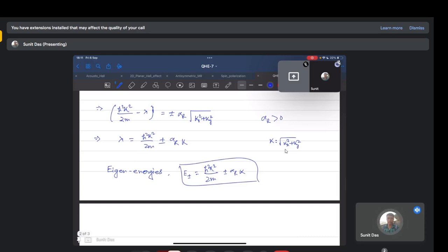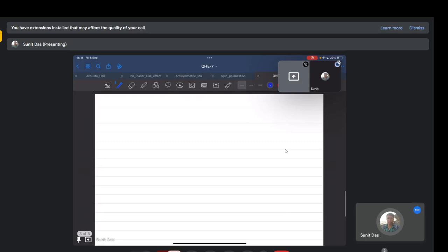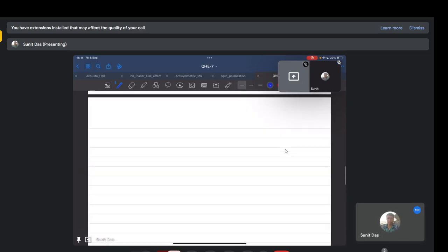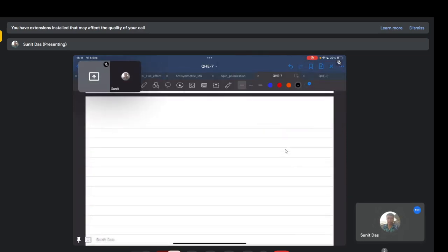And if you draw this, initially we had the parabolic term. This was, let's say, for the free electron gas.